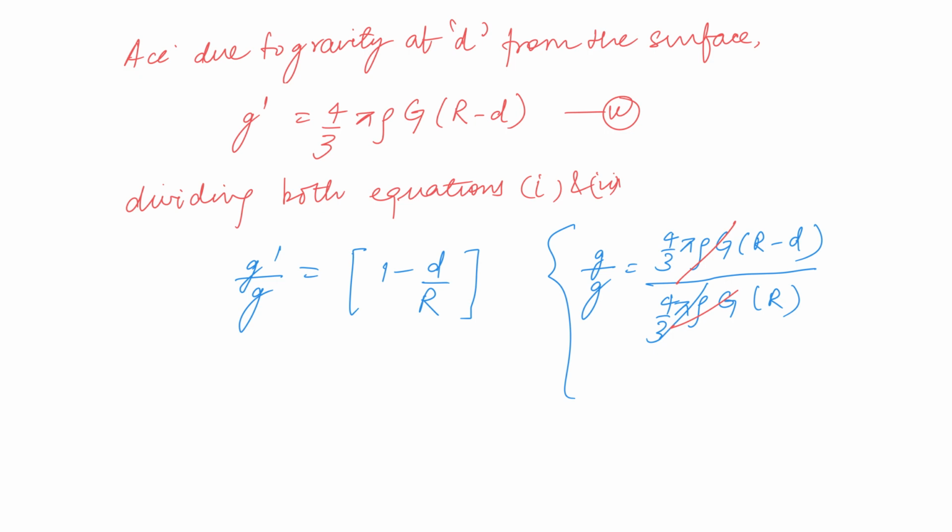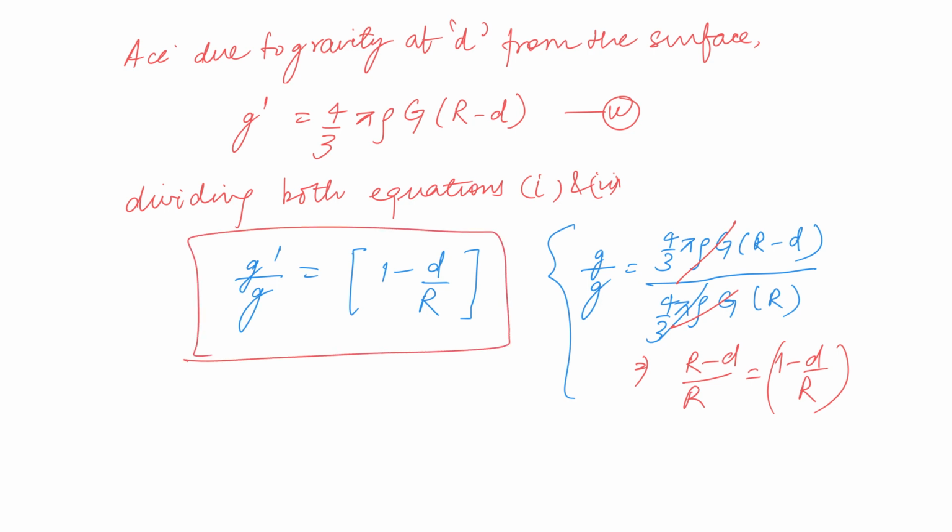We get only r minus d upon r, so this will be 1 minus d by r. So this is the expression. This is the variation due to depth, or we can say g dash is equal to g (1 minus d by r).